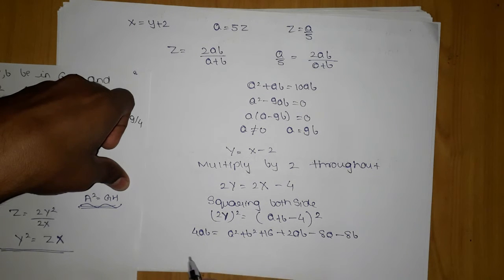Giving me finally a square plus b square minus 2ab minus 8a minus 8b plus 16 should be equal to 0.